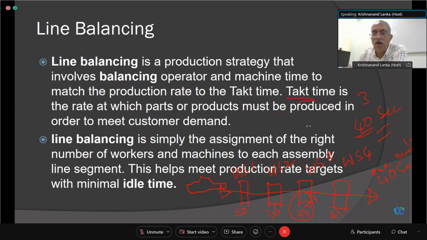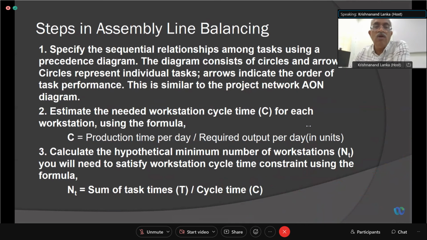All right. So this is how you try to balance a line in the case of a mass production system. What are the steps in assembly line balancing?